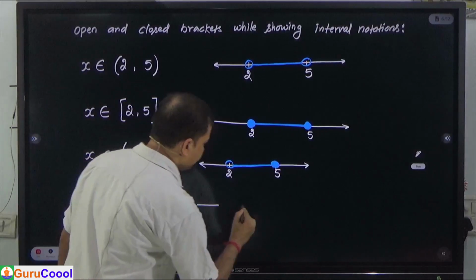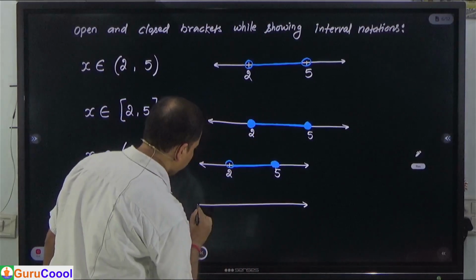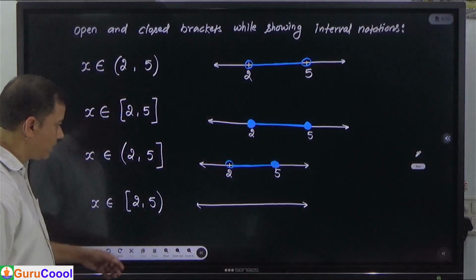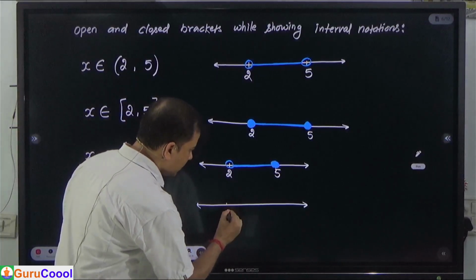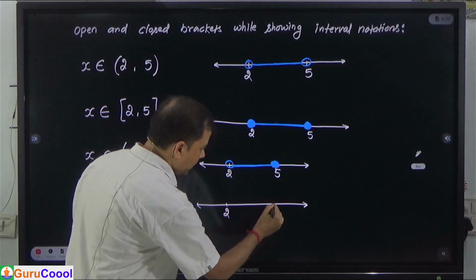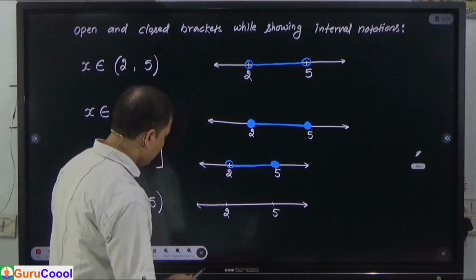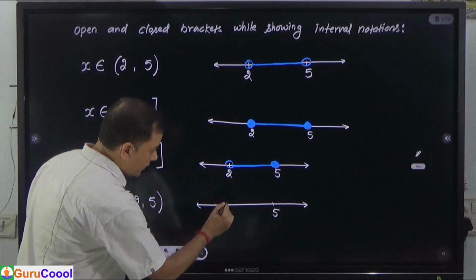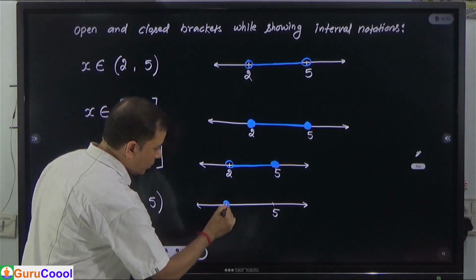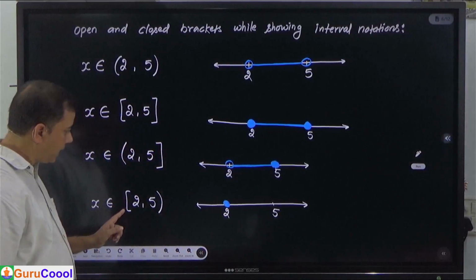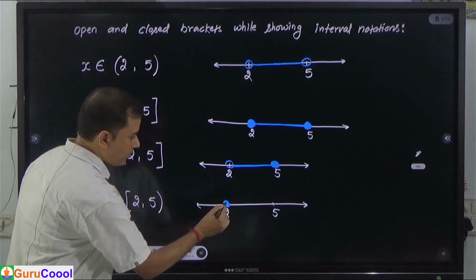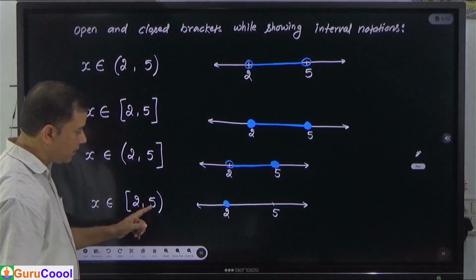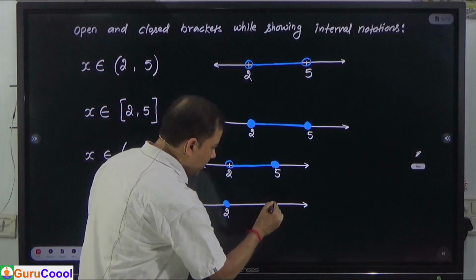Then on the number line we can show it like this. X is equal to 2. Let's say here is number 2 and here is number 5 on the number line. X equal to 2 means we have to make a closed circle, closed bracket represented by a closed circle, and open bracket represented by an open circle.